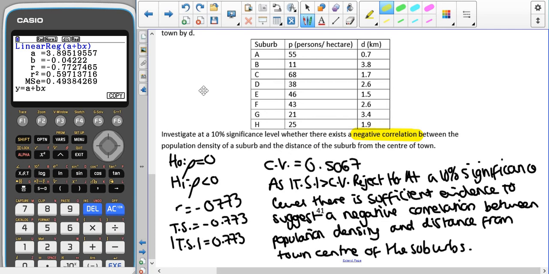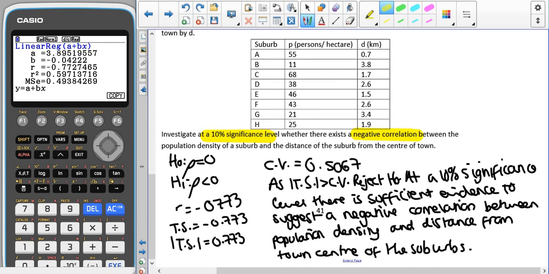For the critical value, be careful this time because we have a 10% significance level instead of the other ones where it was 5%, which gives us a critical value of 0.5067. So this time the size of the test statistic is bigger than the critical value, which means that we have found something, so we reject H0. At 10% significance level, there is sufficient evidence to suggest negative correlation between population density and distance from town centre of the suburbs.